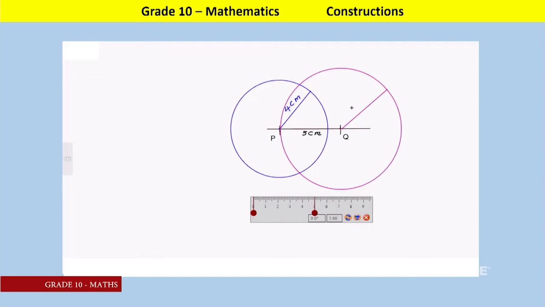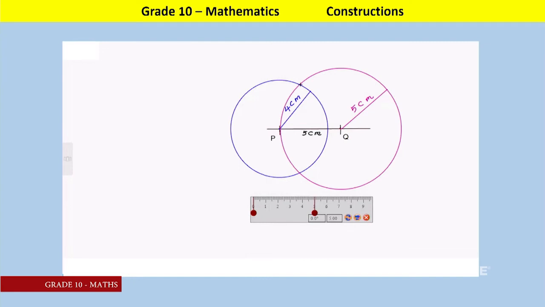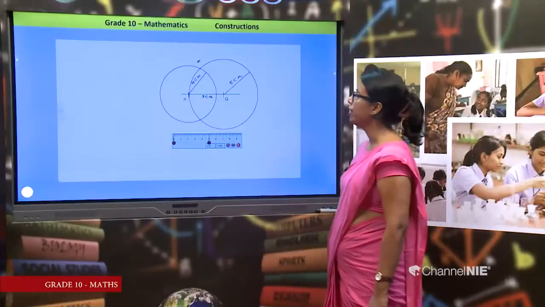Right. Children, can you find the X? There are two intersecting points. There are 2 points, 4 centimeters away from P, 5 centimeters away from Q. So this is 1 point and this is 1 point.